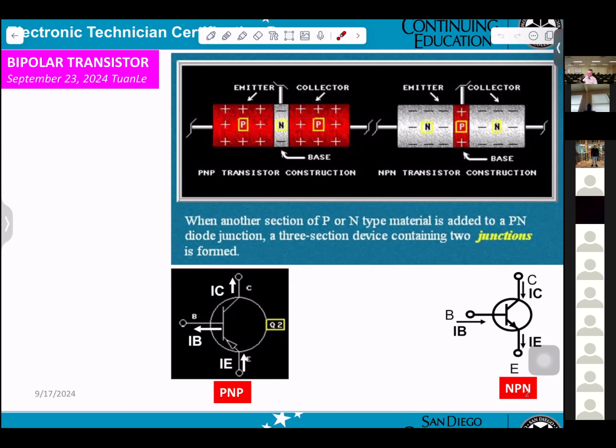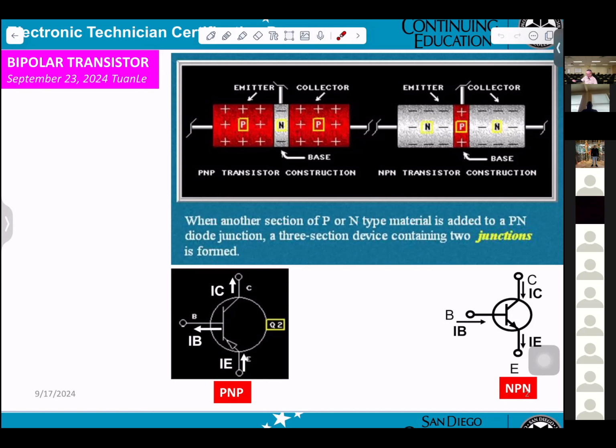Okay? And this is the NPN, and this is a PNP. So in general, you get two diodes, the thing we already learned, diode, PN.